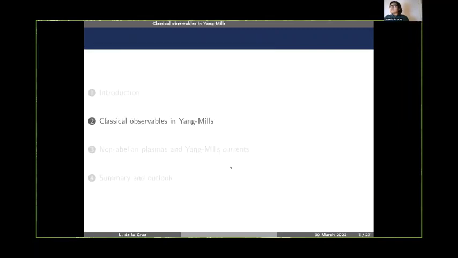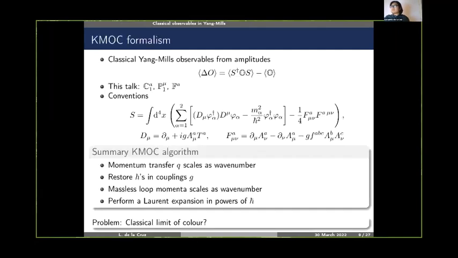Good. So then let's move to Yang-Mills. In Yang-Mills, I'm also going to be interested in developing a KMOC formalism. For the observables that I'm interested in, the operators are the momentum operator, the color charge operator, and the charge in the adjoint representation.